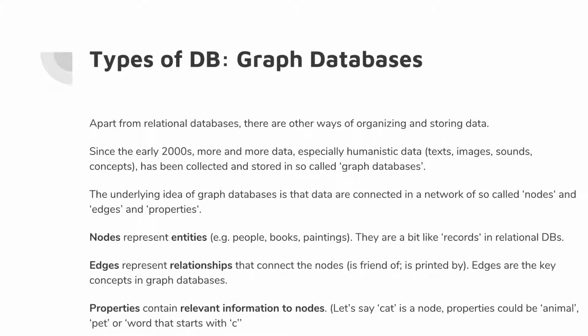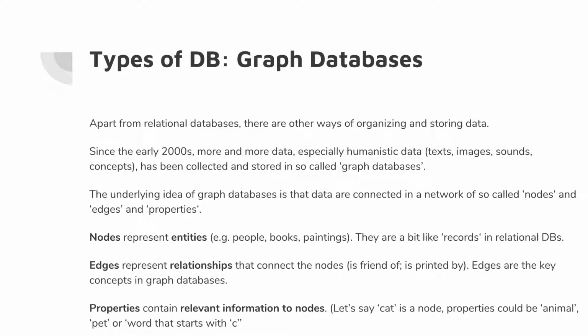And then we have as a third concept the properties. And properties in a graph database, they contain relevant information to the nodes. And as an example, let's say cat. The word cat is a node. And properties to that could be, for example, animal. Cat is an animal, part of the family of animals. Or another property could be pet.